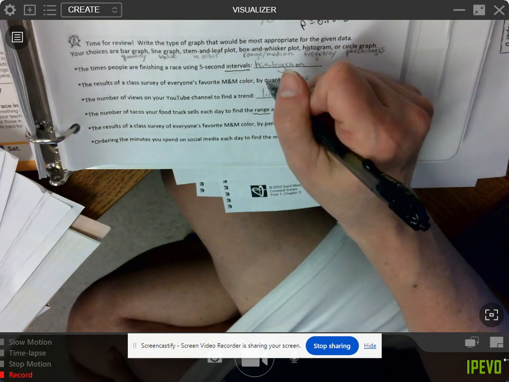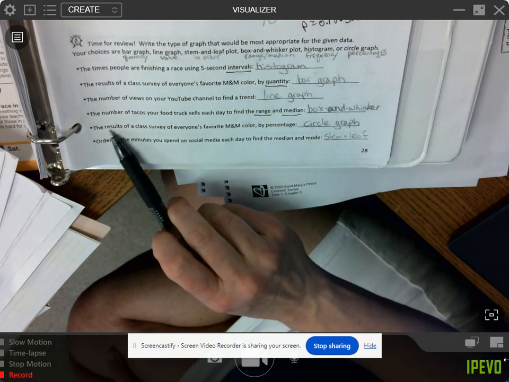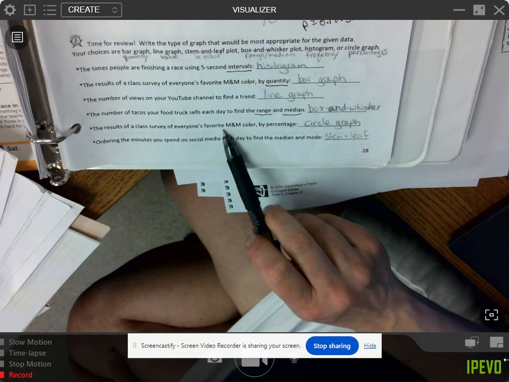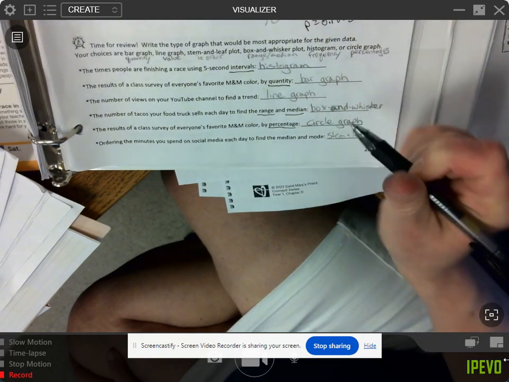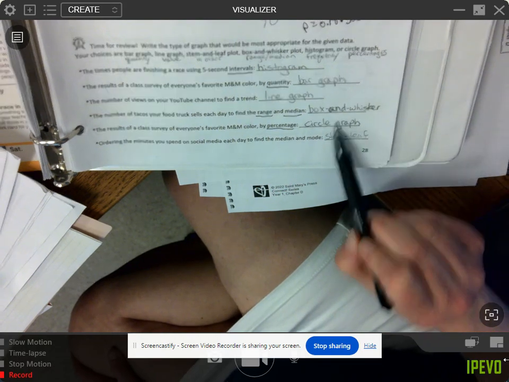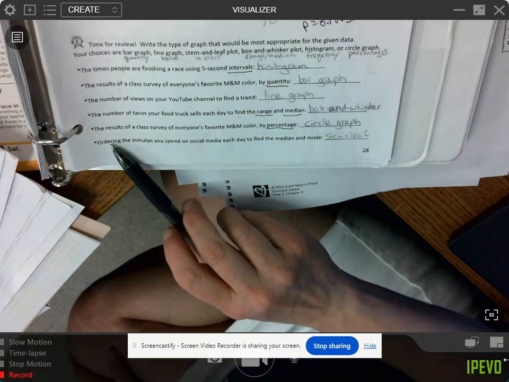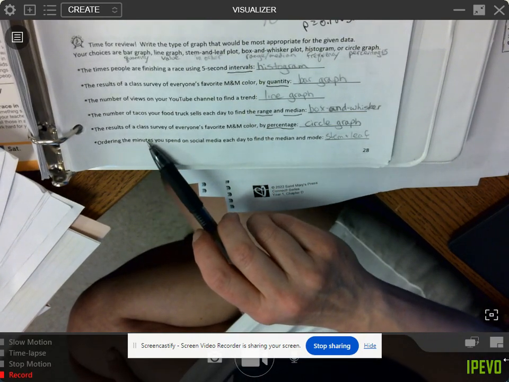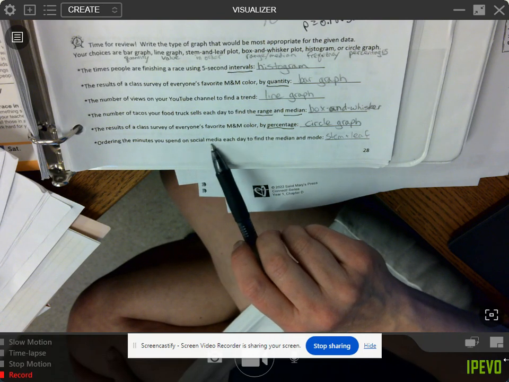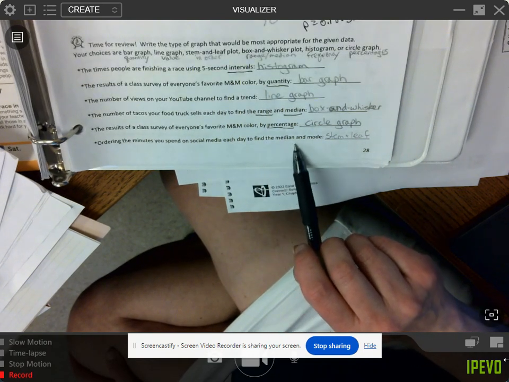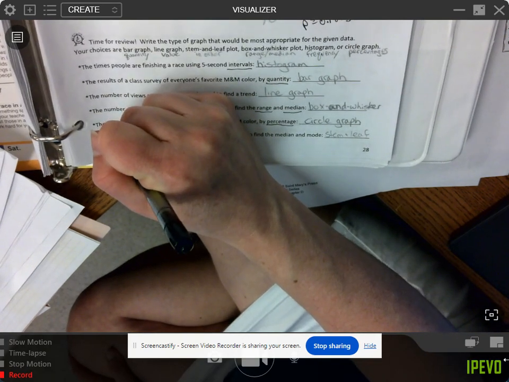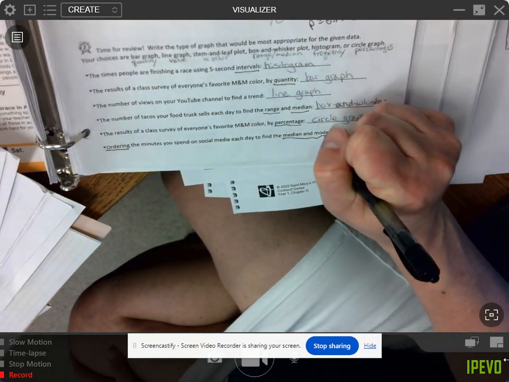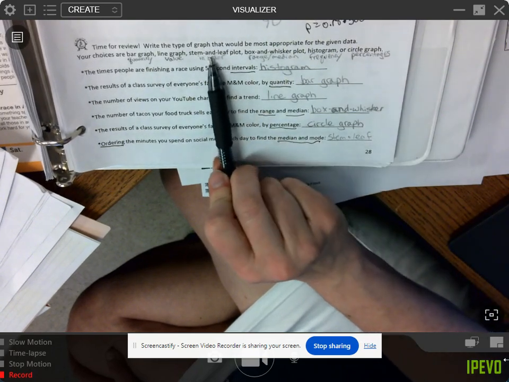The results of a class survey of everyone's favorite M&M color, but this time by percentage. I know percentage is the circle graph. And the last one, ordering the minutes you spend on social media each day to find the median and mode. So I'm putting things in order, and median and mode are both stem and leaf plot.